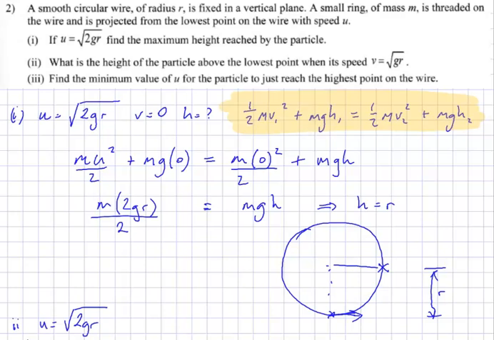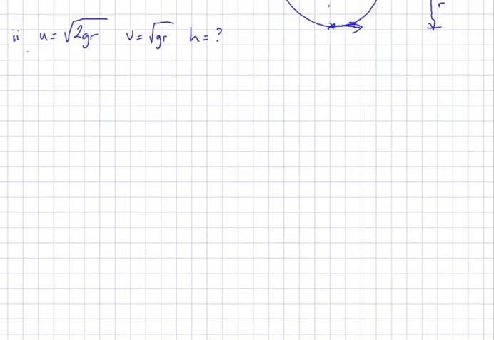So u equals still root 2gr. The v is going to be root gr. And we want to find what our height is. So if we set ourselves up again with the same equation regarding energy. So energy at the lowest point equals the energy at the higher point.